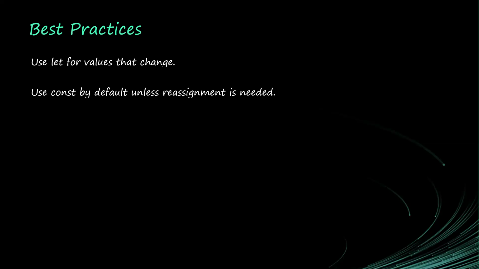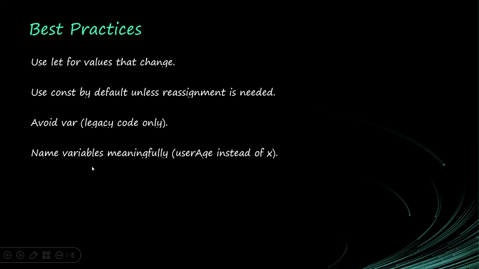So as I'm writing the code, if there's any need for me to do any reassignment, then I will go and change it to let, because const keyword has some performance reason. Avoid using the var keyword. Avoid using it. Name variables meaningfully. All right. This is what we call camel case. Instead, use a meaningful name like userAge, not x, not y.